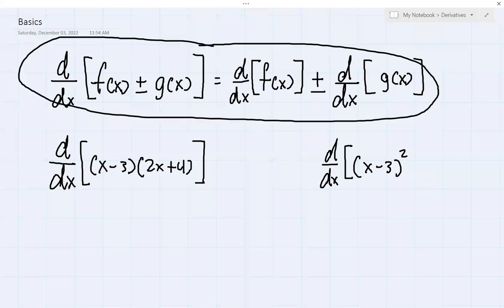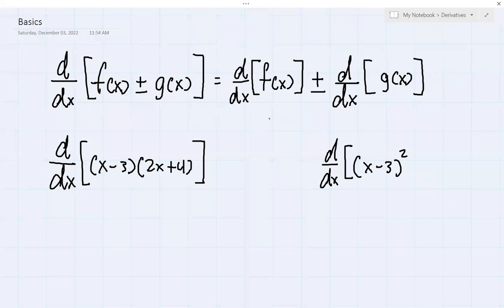The answer is, it depends. Kasi, there are polynomials na naka-exponent na pwede mo siyang i-expand. And yung expansion na yun, it could be easy for you or not easy at all.